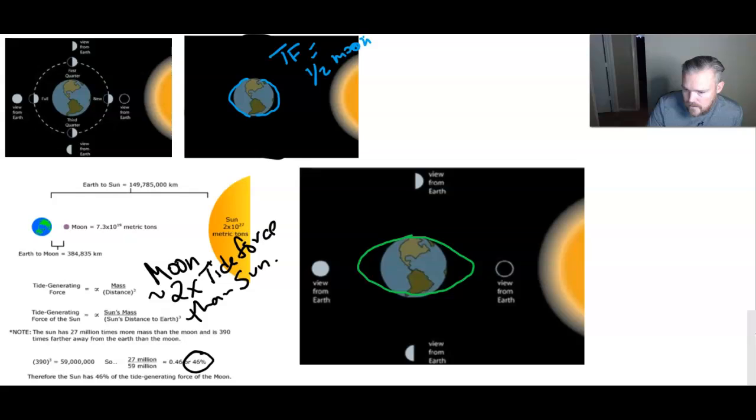And then the sun's tide is also going to be lined up within that tide. So this will actually amplify the tide. So you basically get essentially 1.5 times the tide, right?